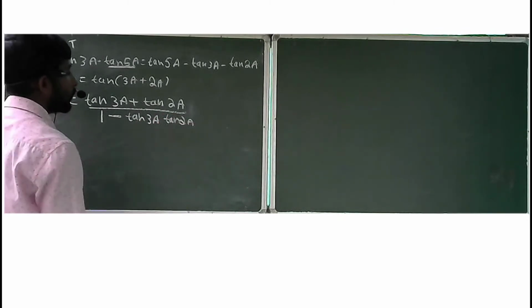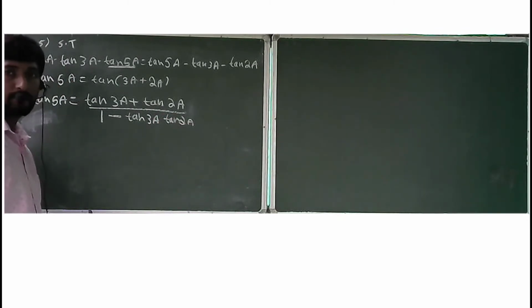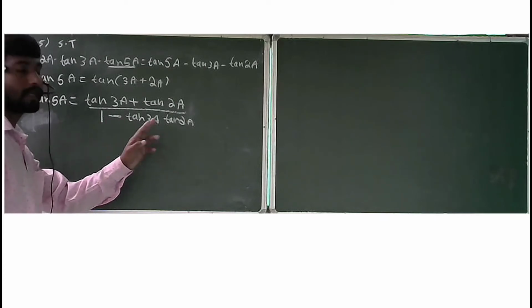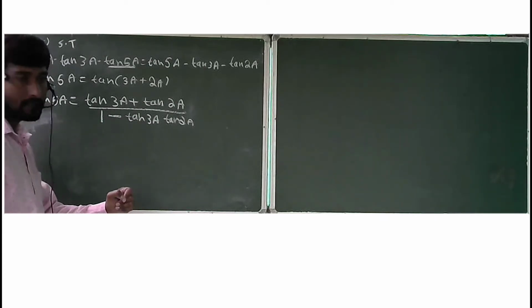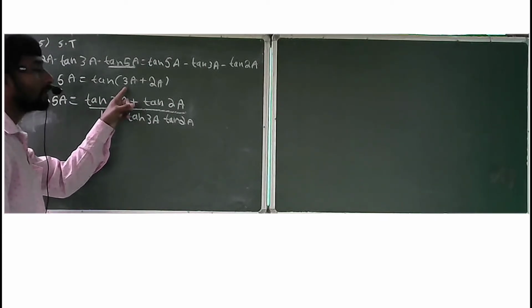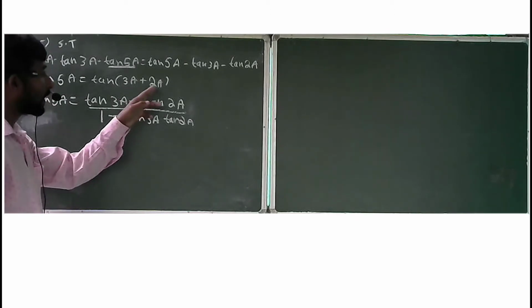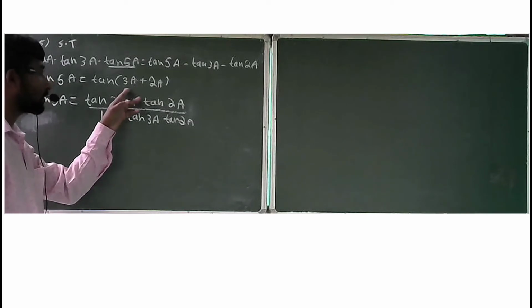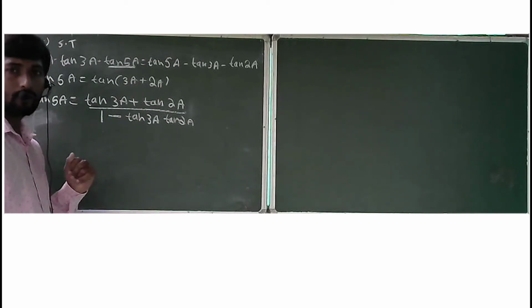Just applying the tan of a plus b formula, but in place of a, angle 3a is there, and in place of b, 2a is there. Just substitute a equal to 3a and b equal to 2a.